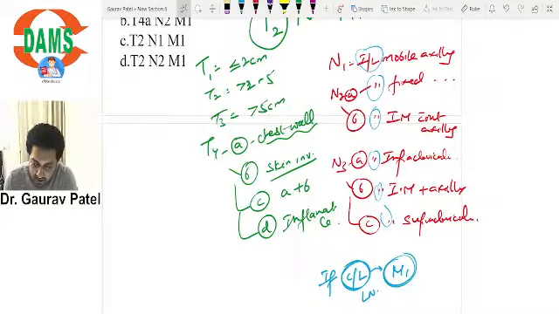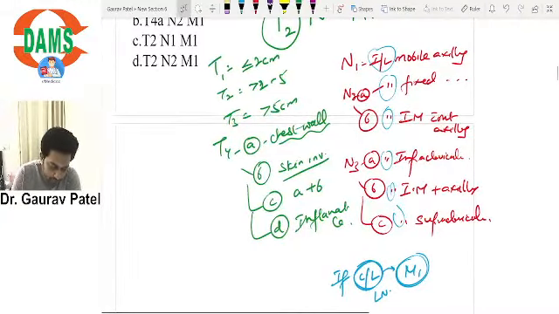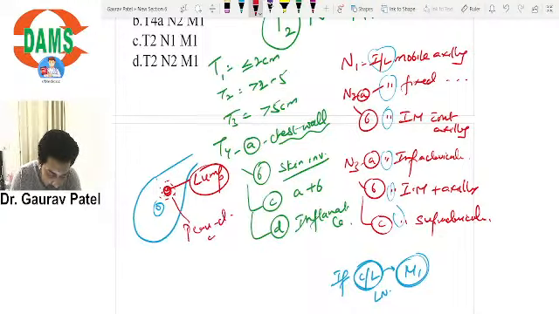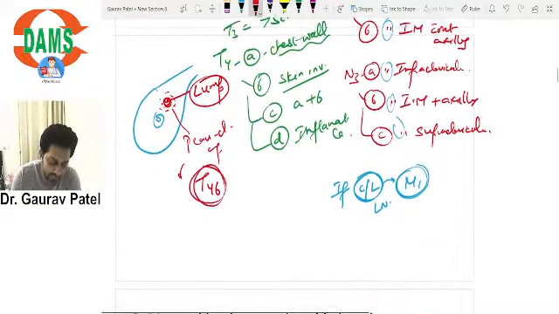In T4B, there is peau d'orange. See, Prachi, suppose they say there is a lump, and around the lump there is peau d'orange, then it will be T4B.